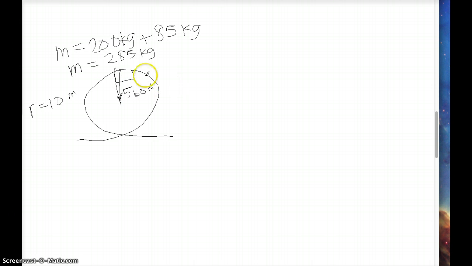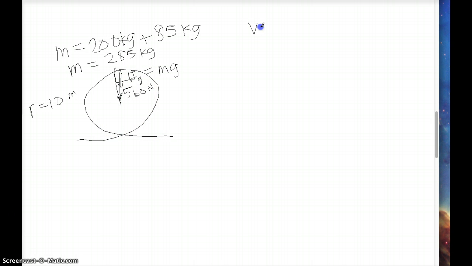What other forces are acting on this object? What is the force of gravity? And that is equal to the mass times the acceleration of gravity on Earth. And there might be a force of friction, but it's not mentioned in the problem, so we're going to assume that it doesn't exist because we're not given any information about friction.